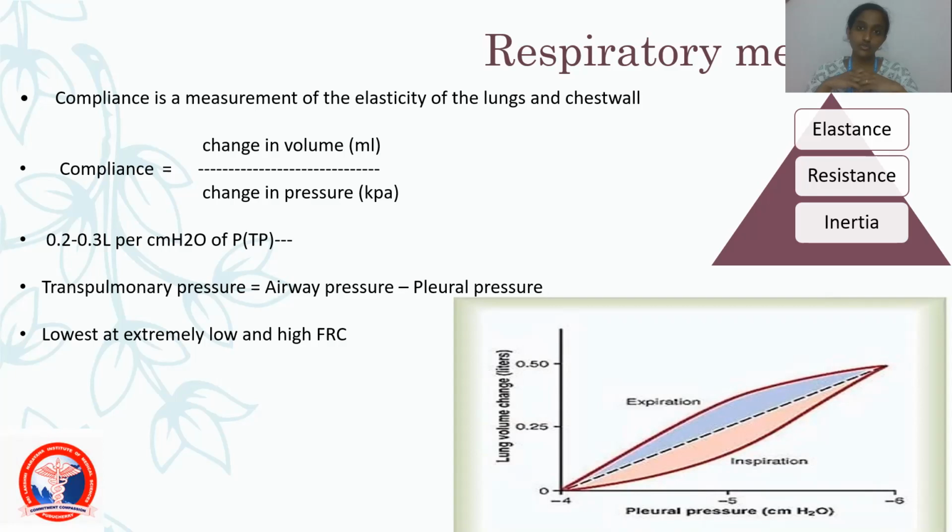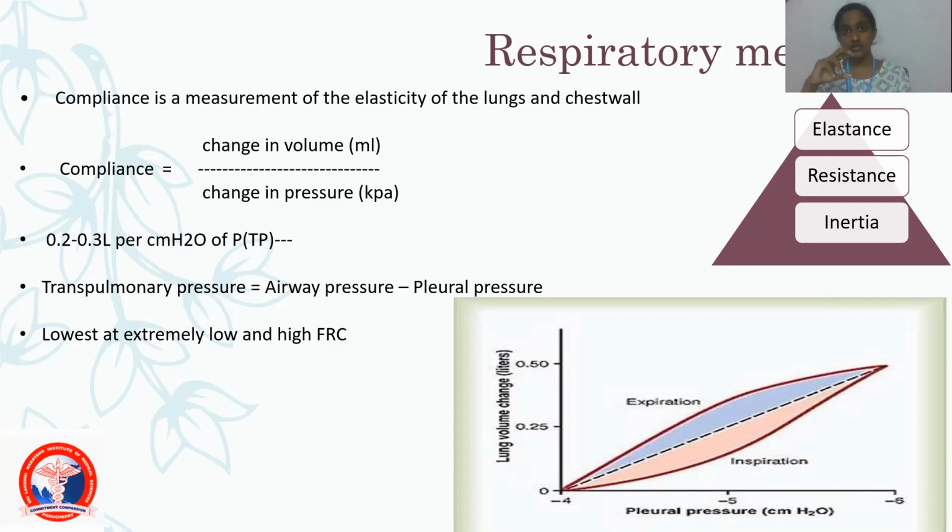To be strong with the basics, we have to know certain terminologies like compliance, resistance, elastance, inertia, and the compliance curve. The first terminology among them is compliance, which is a measurement of the elasticity of the lungs and the chest wall.